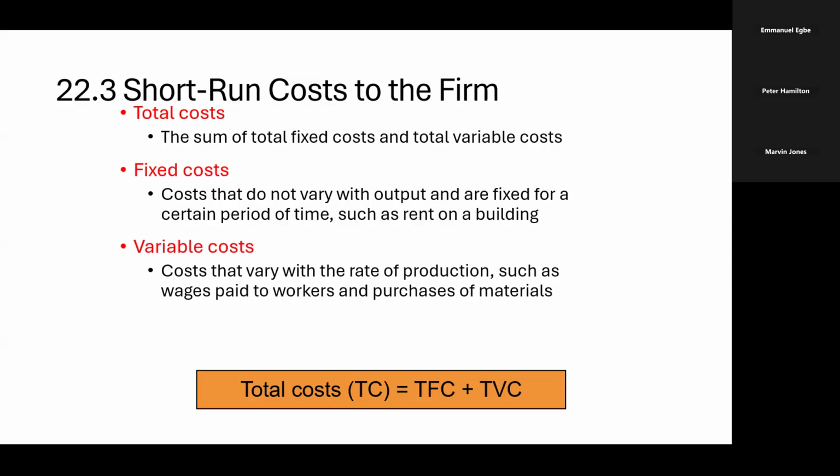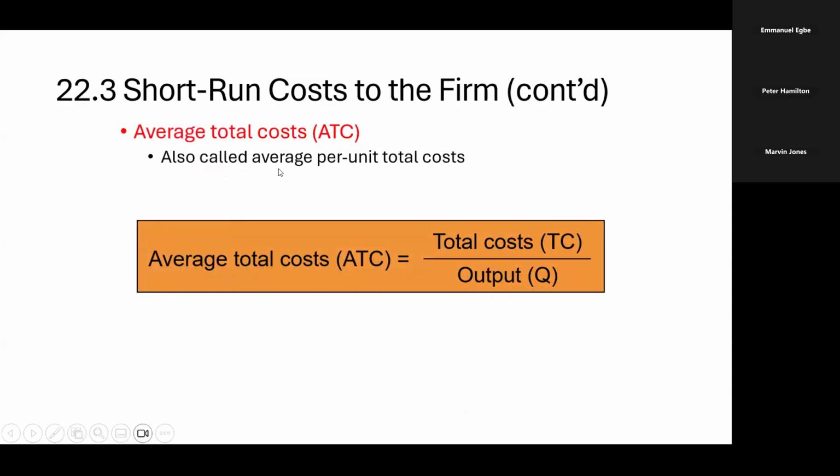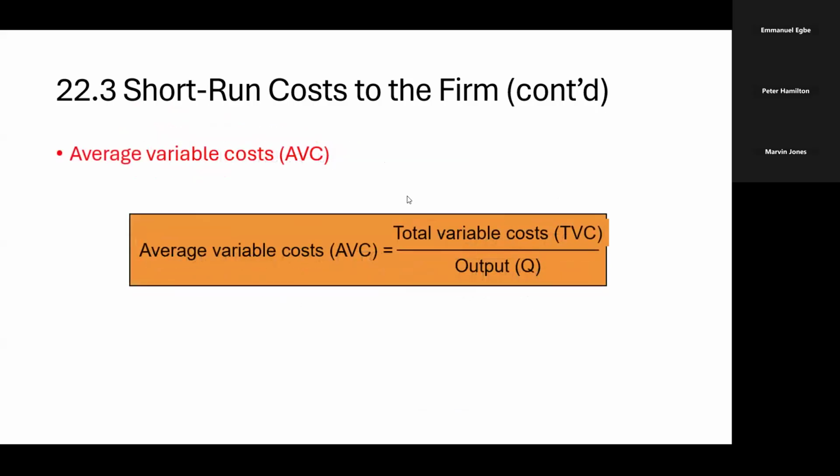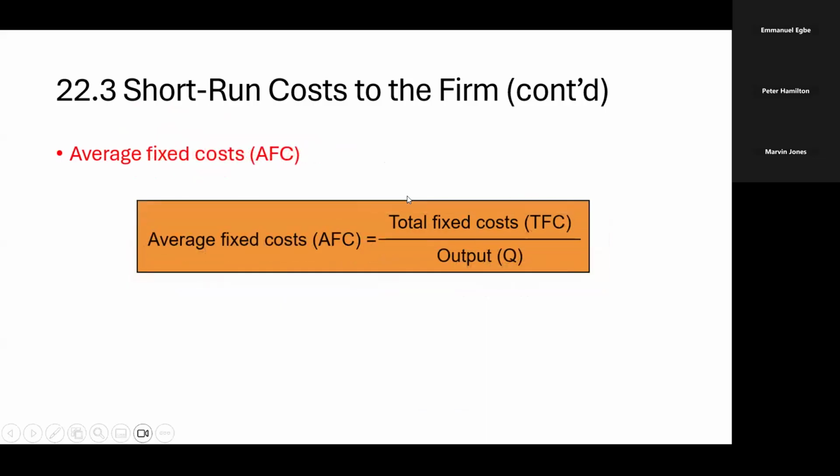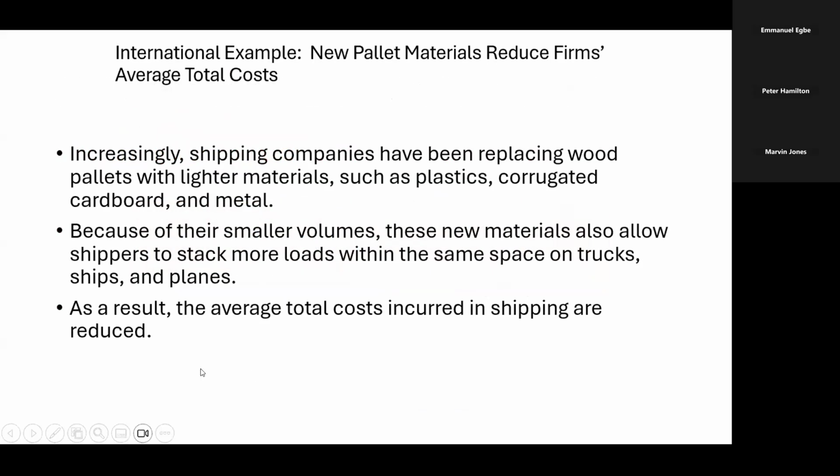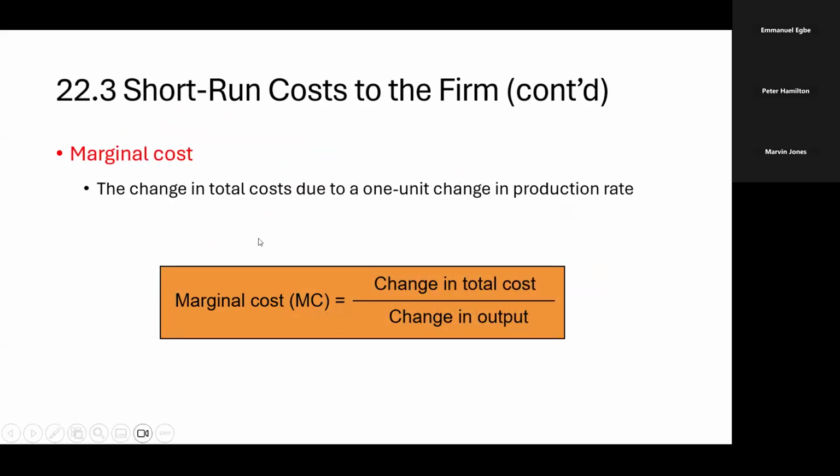Okay, but your average total cost might continue to increase, but the point is that the average cost will be declining, and then after a while, it will be increasing. Okay, the average total cost is ATC, TC over Q. The marginal cost is change in total cost as a result of change in output.